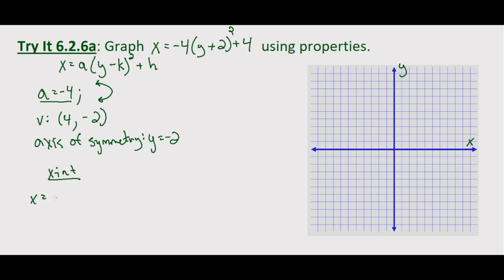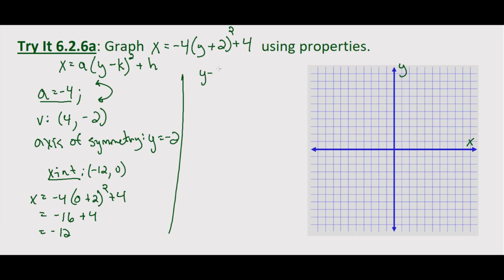So x equals -4 times (0 plus 2) squared plus 4. 0 plus 2 is 2, squared is 4, times -4 is -16, plus 4, which equals -12. So we know our x-intercept is at (-12, 0).